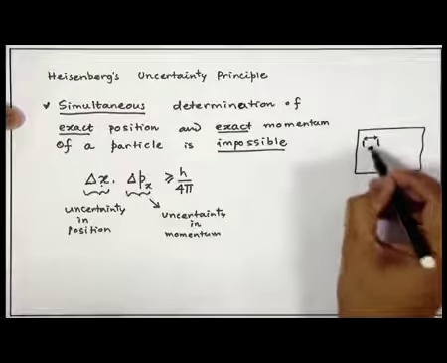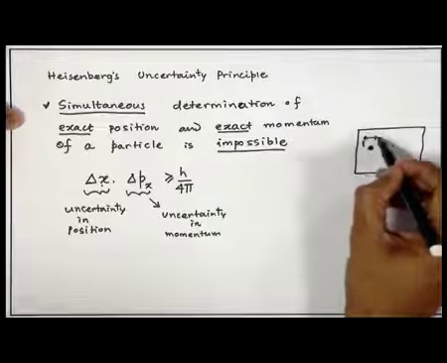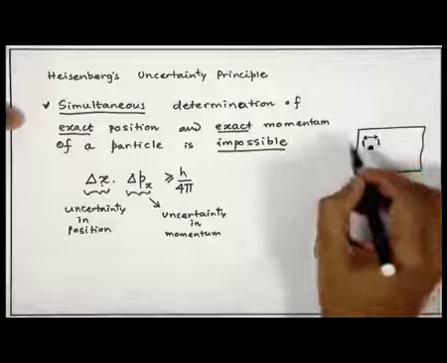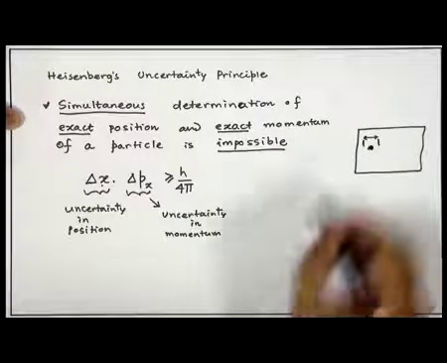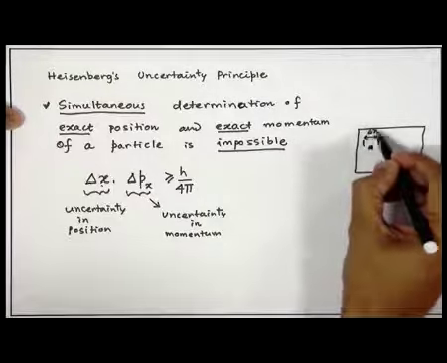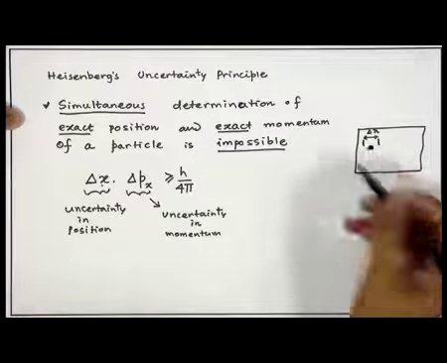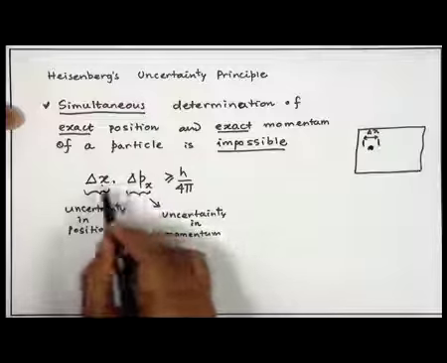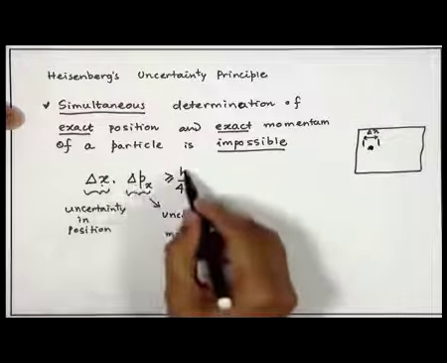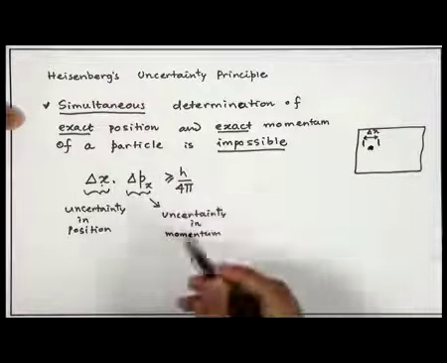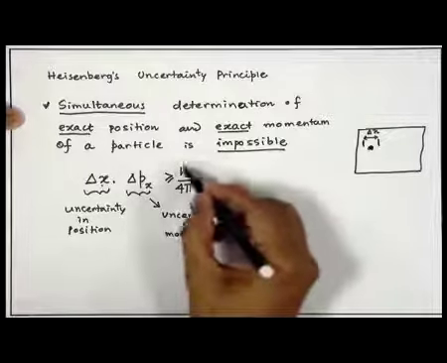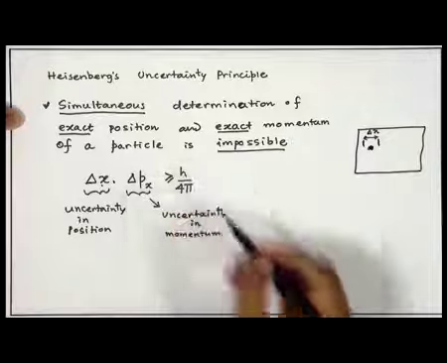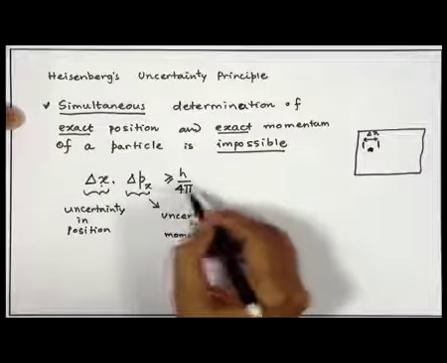This is what is known as the uncertainty in determining the position. So, we can say where it is, but with an error bar. This is given as delta x, and similarly its uncertainty in momentum is delta p x. The multiplication of these two uncertainties is always greater than, or at minimum equal to, this constant h by 4 pi. h is Planck's constant, and 4 pi is again a constant.